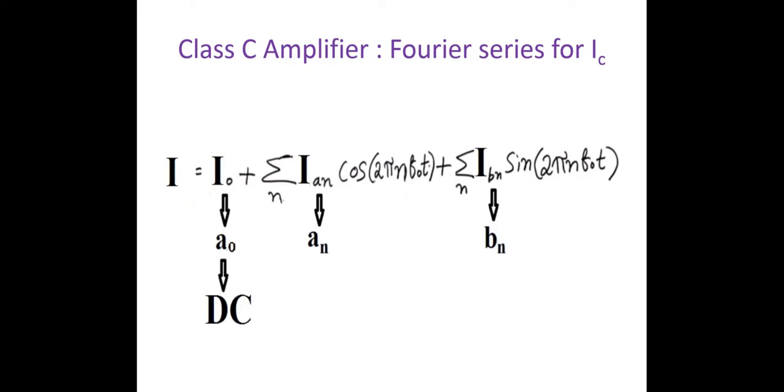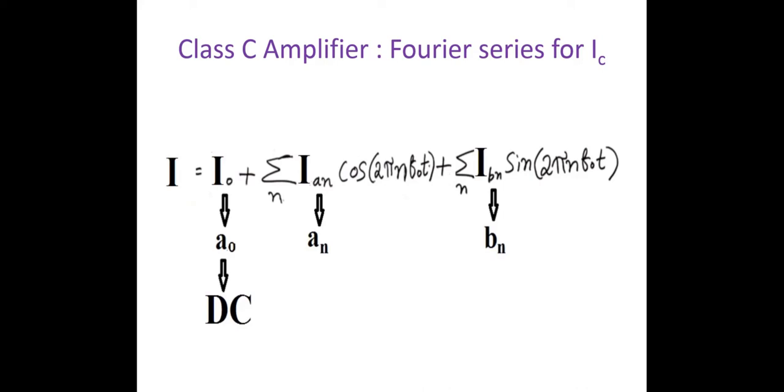So in this way we can decompose the IC into a DC component and then AC components, and within the AC components you have the fundamental harmonic, which corresponds to A1 cos 2 pi f naught t plus B1 sin 2 pi f naught t. So when n is equal to 1, you have the fundamental component, and for n greater than 1 you have the higher harmonics.